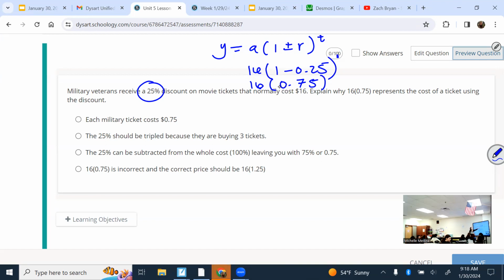So when we're answering this, is it because each military ticket costs 75 cents? Does that make sense? This is equivalent, but we need to pick why it's equivalent. So is it because all the military tickets are 75 cents?